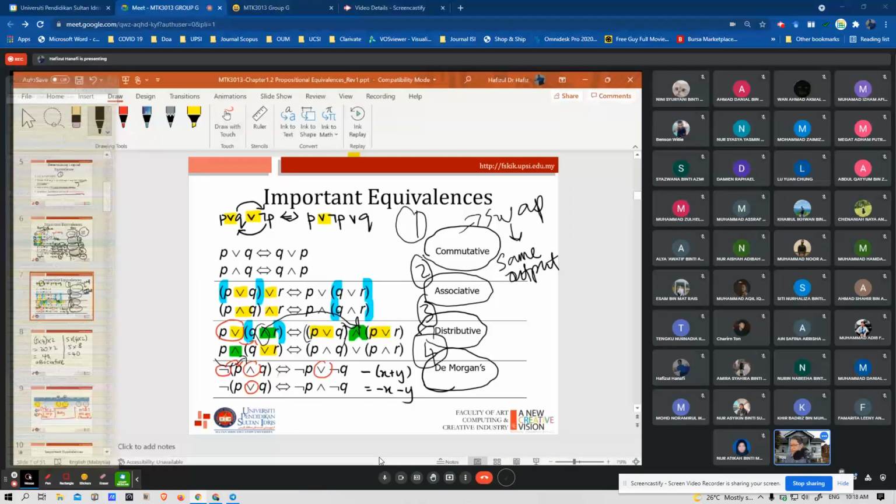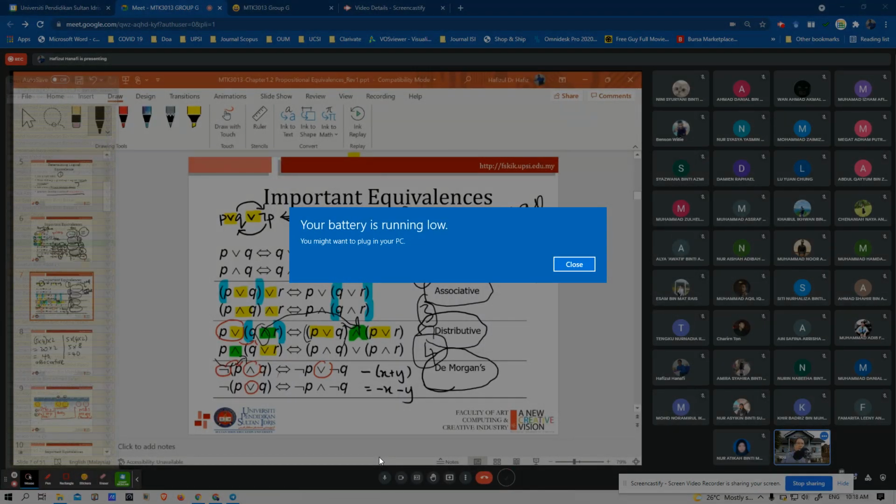You open up the factors, the hypothesis.